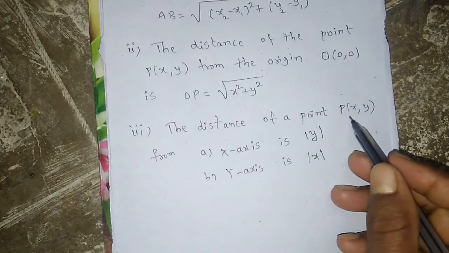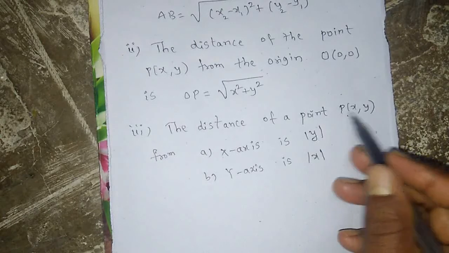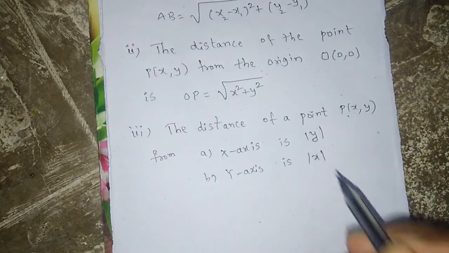These are the points' abscissa and ordinate of point P, mod y and mod x.